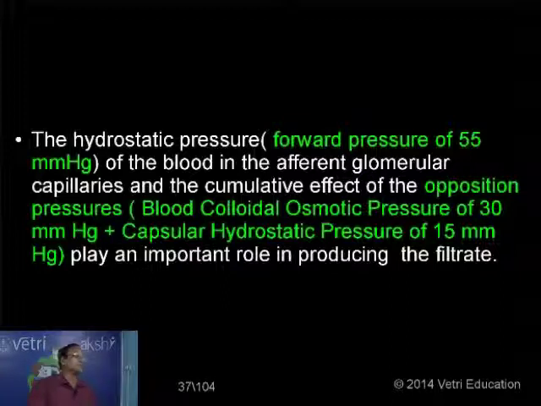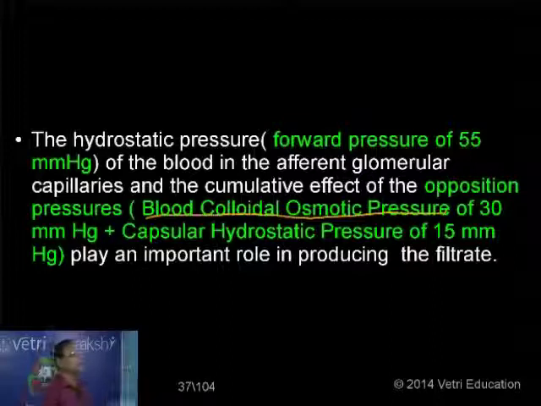This pressure is opposed by the cumulative effect of opposition pressures. They operate together, hence the cumulative effect. Two important pressures are involved. One is created by the blood colloidal proteins, called blood colloidal osmotic pressure, the one created by the proteins in the blood.